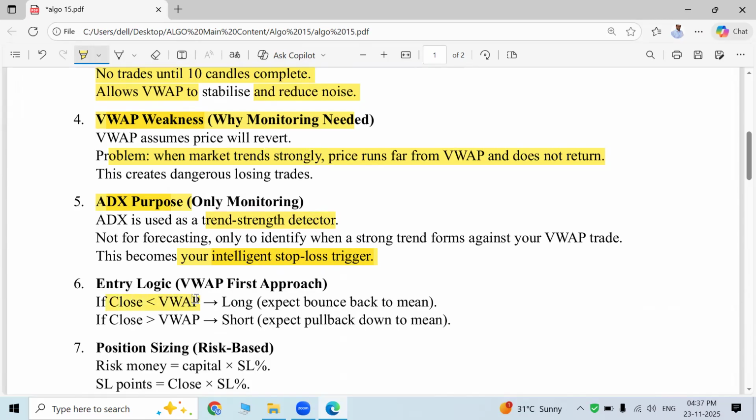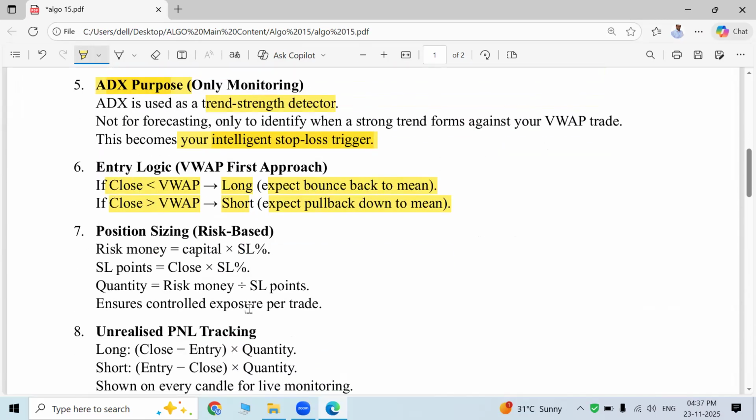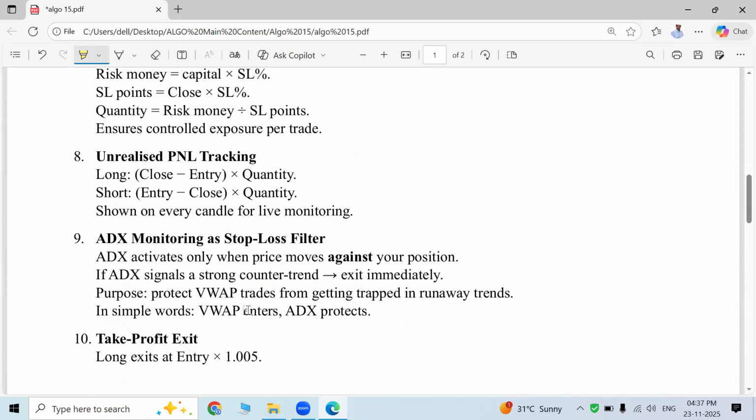If the close price is below the VWAP, we have a long position, considering the market is expected to come to the mean. If the close price is greater than VWAP, we have a short position, considering the price is going to pull back to the mean. So this is the way the VWAP works. But ADX will come into the picture if VWAP is not coming up.